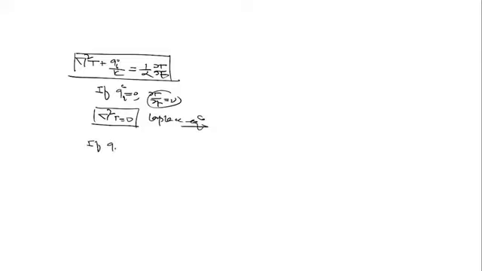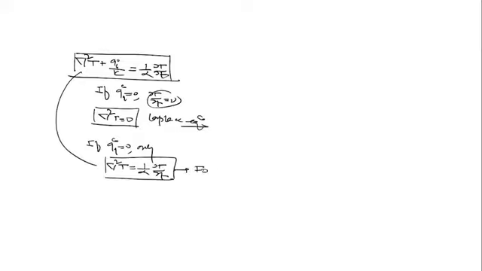If only qg equal to 0, then del square T is equal to 1 upon alpha into del T upon del t. This is called Fourier's equation. Clear beta? Fourier's equation. But these equations have restrictions. Restriction is what?